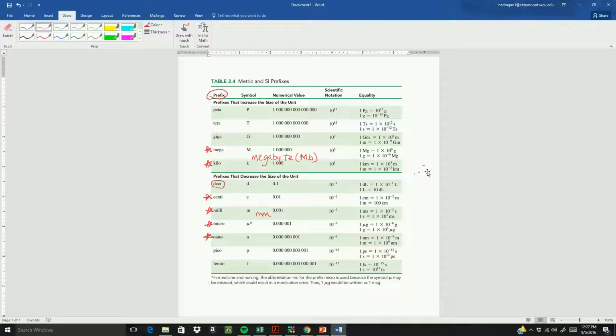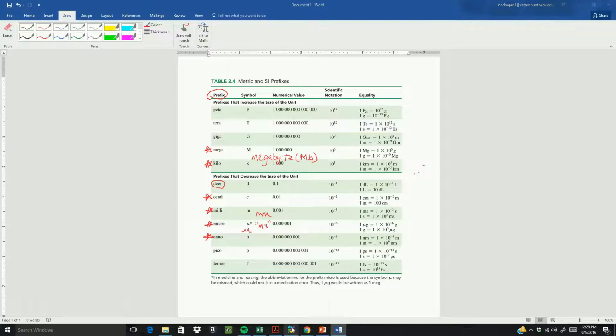And then micro uses the symbol mu, so it's a Greek letter, and I always write it kind of like an M with some curly tails on the bottom. These numbers are what you're going to use when you do unit conversions, and you want to convert from one value to another.